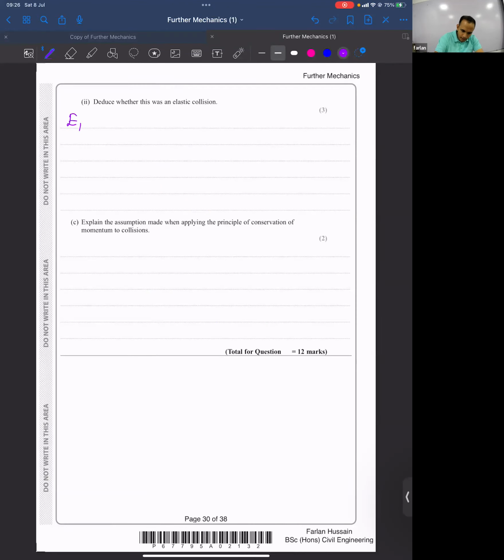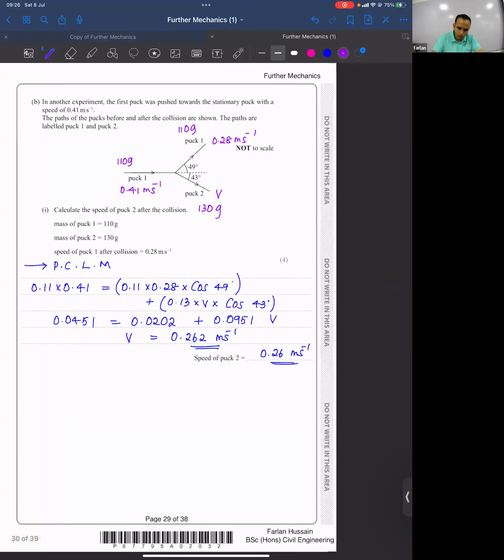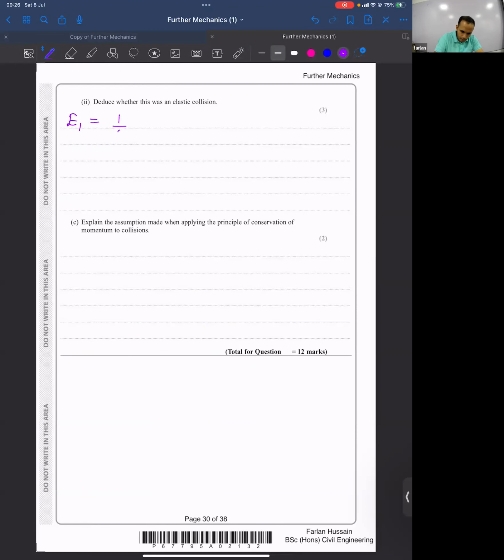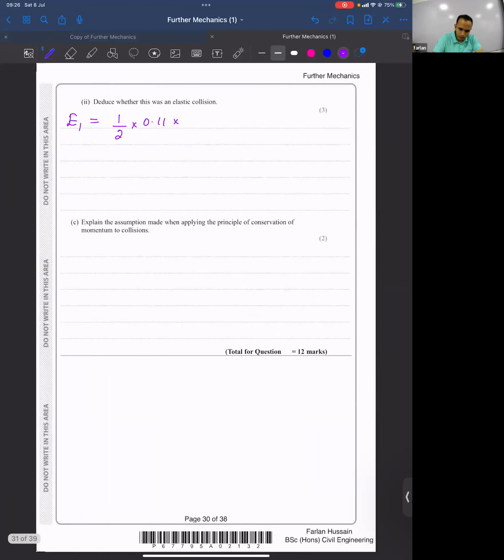So I'll take the total kinetic energy before the collision as E1. The mass is 0.11 kilograms. So half m v squared, half into 0.11 into 0.41 squared, that is the initial kinetic energy of the system. Then the final kinetic energy, I'll take it as E2.